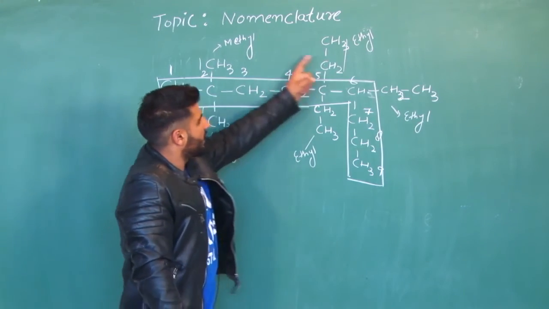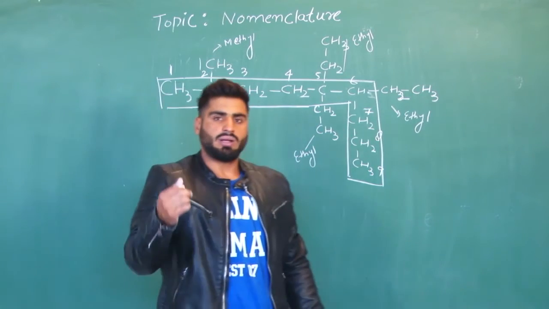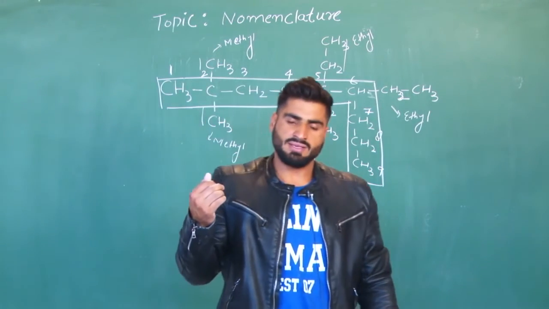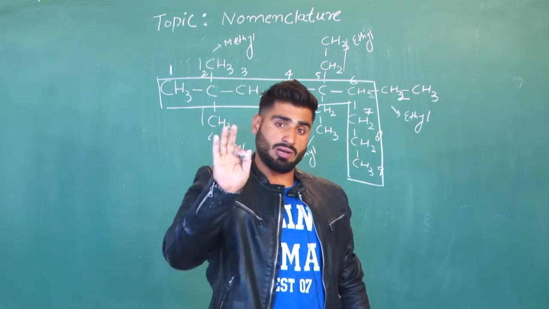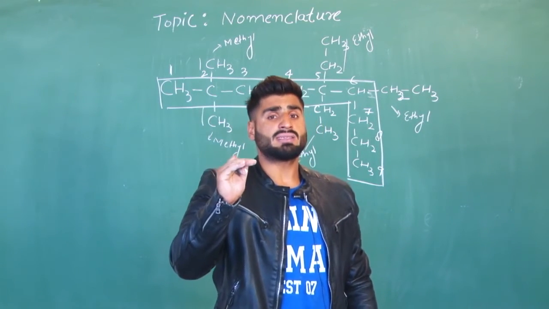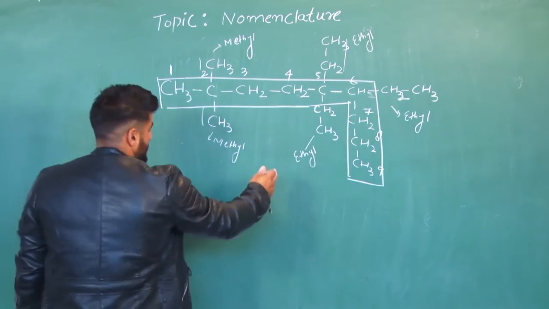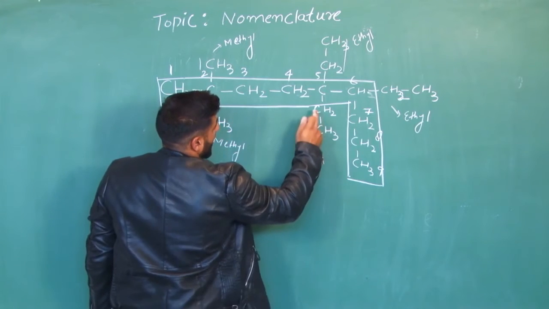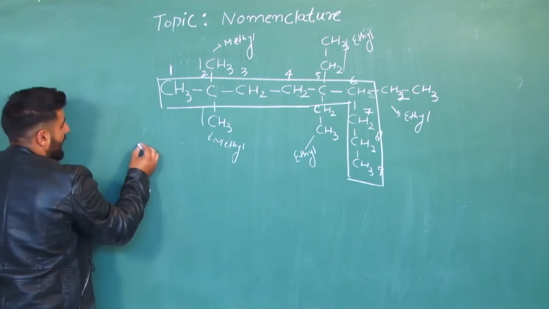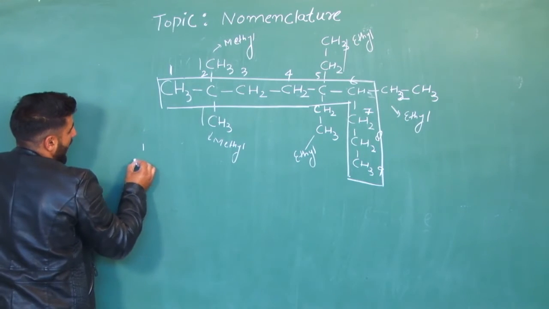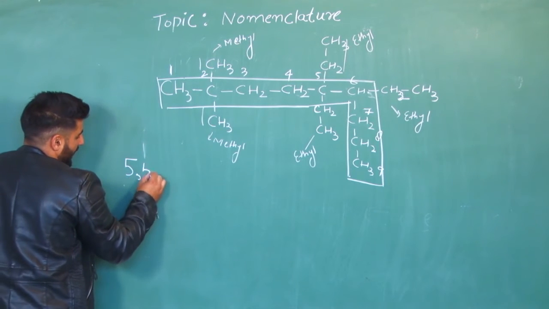Now these are substituents. They are supposed to be written in prefix, in alphabetical order, along with their locants, but locants taken in ascending order. Now first ethyl will come. Ethyl is on carbon number 5, 2 and 6. At carbon number 2 I have two ethyl groups. So 5, 5.